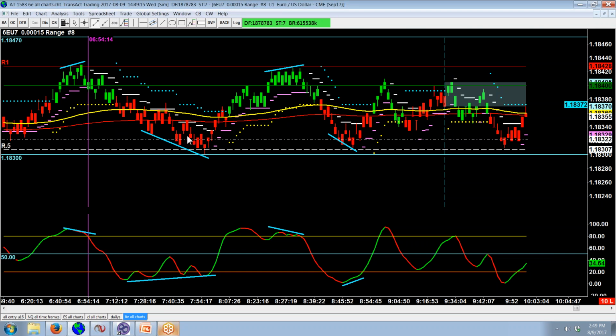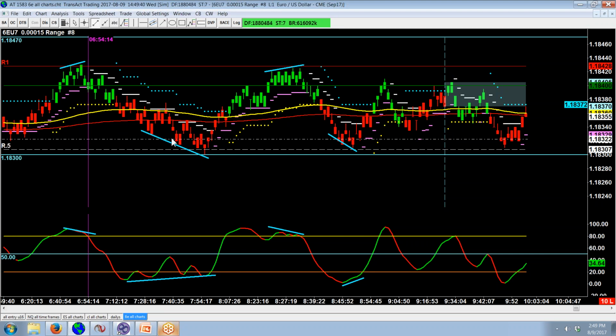So I can use that as a general target if I am concerned that it can't get down and hit the actual support area. But regardless, I'm shooting for my first target somewhere down in this area. Or I can take a little off and ride the rest of my contracts down to support. Totally up to you how you want to manage it. But short here, target down in this area to exit.